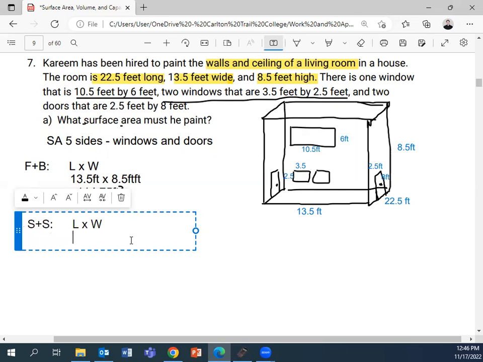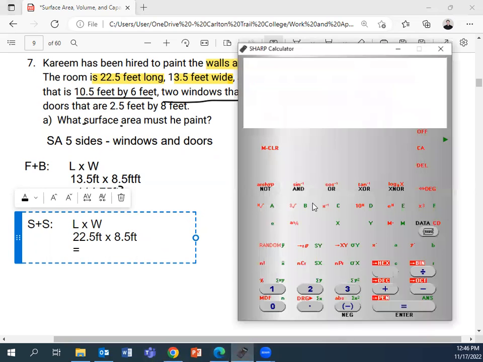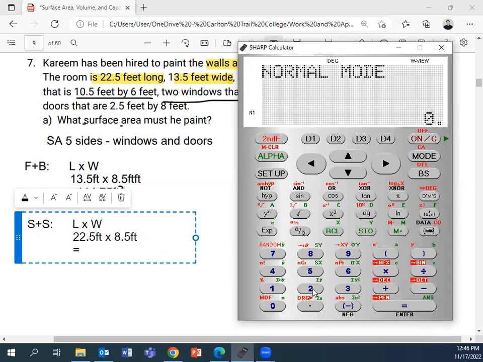For anyone unsure, that's on page 2. So, okay, what measurements am I multiplying now? 22.5. Yeah, 22.5 feet times 8.5 feet. I multiply those together. Okay, can I type? Nope.